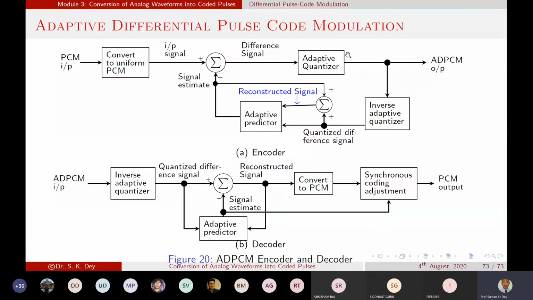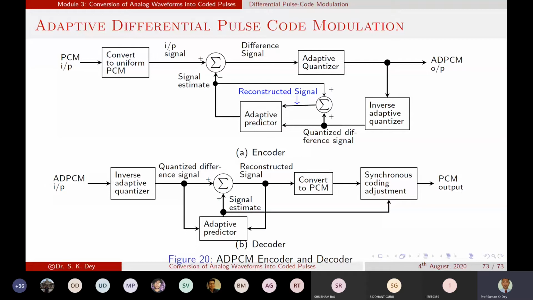If we do normal quantization there, it gives us DPCM.